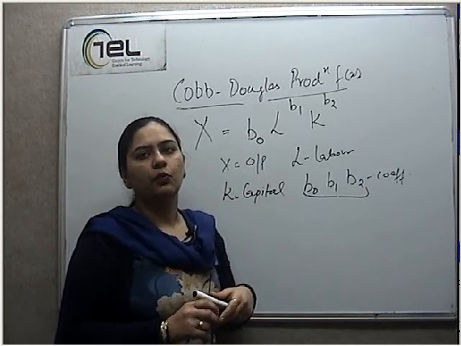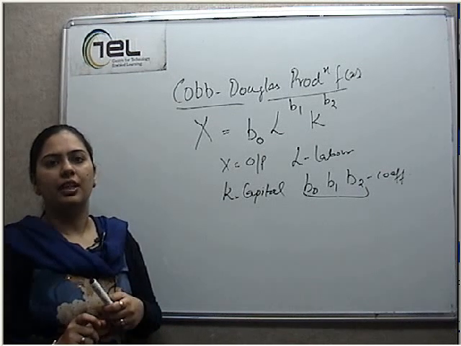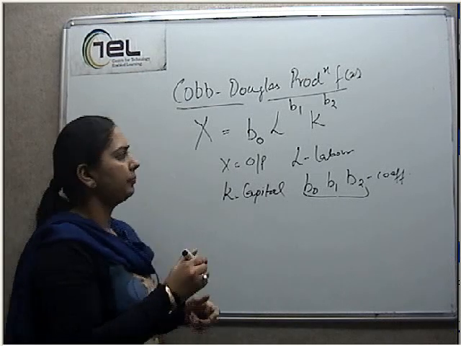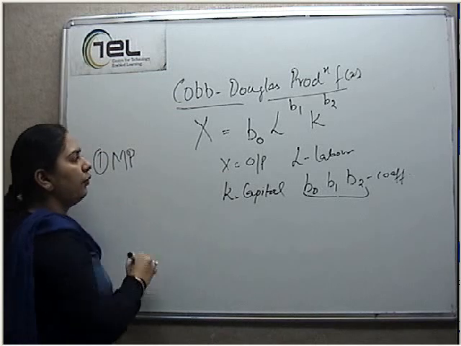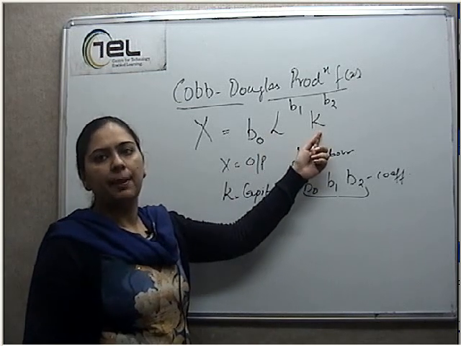Let's start with the first property of the Cobb-Douglas production function, which is the marginal product of factors of production. As you know, we are taking two factors of production here, labor and capital.